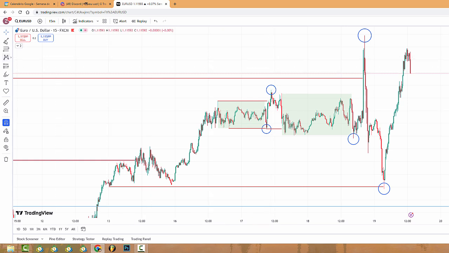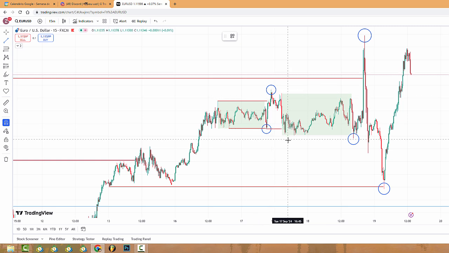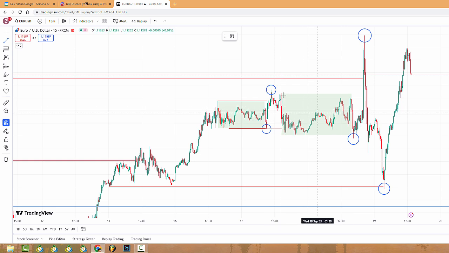So let's continue. We had price breaking lower, to then break the highs of the range, to then break the lows that broke the range, to then create another range, and essentially you can say broke high, but essentially this is the same range. Let's call it the same range.